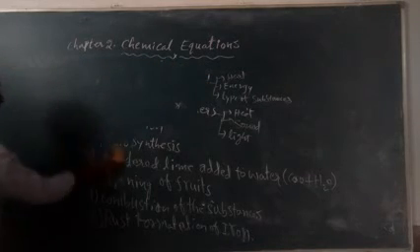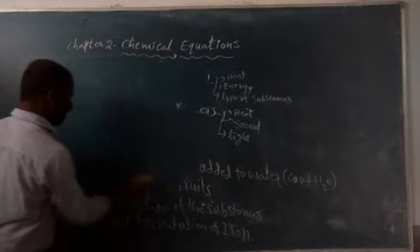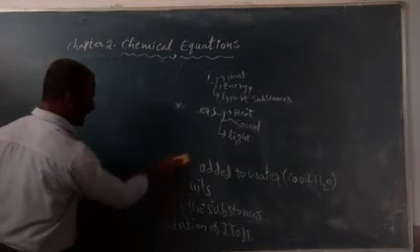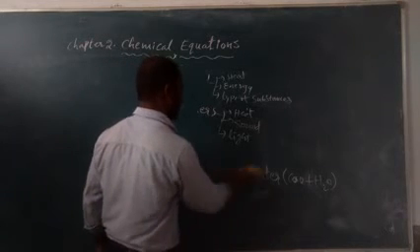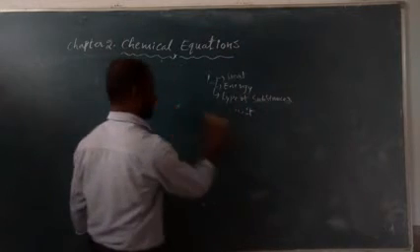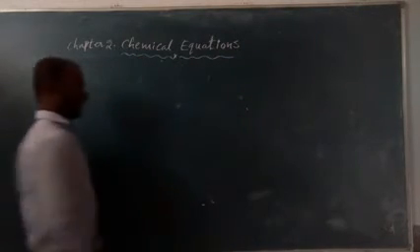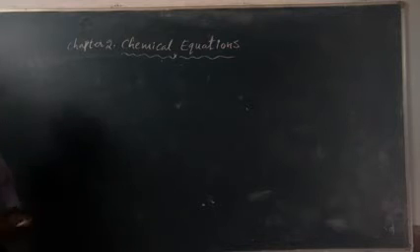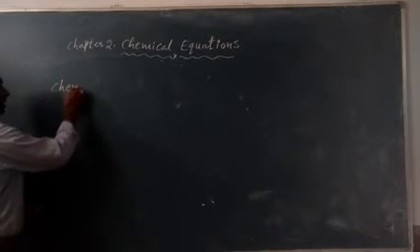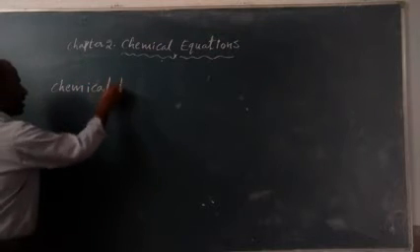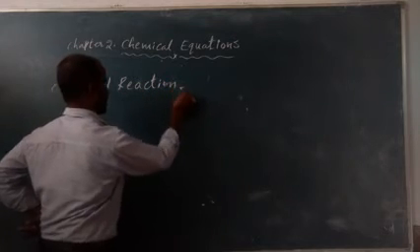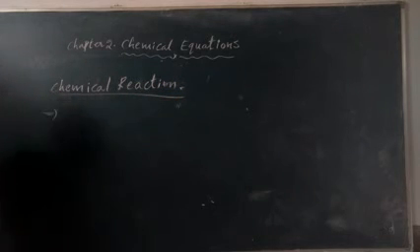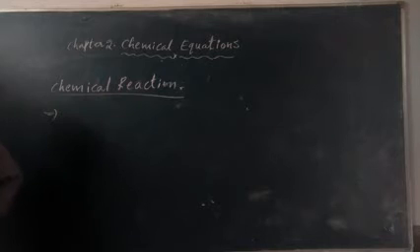Now, what is a chemical reaction? When a chemical reaction is written in the form of a formula, it is called a chemical equation. In a chemical reaction, new substances are formed with completely different properties.